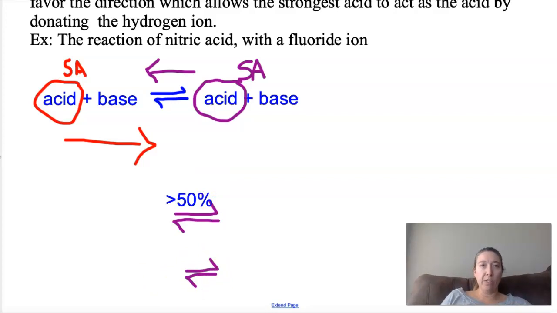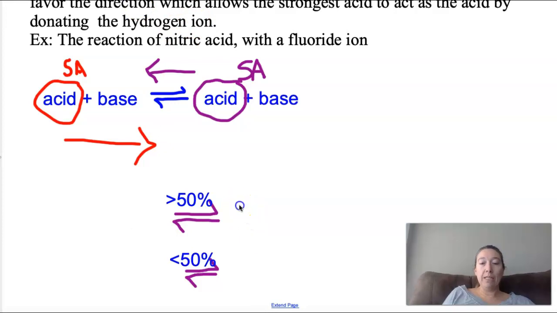Okay, I remember the very first time I saw that, I was kind of like, what is going on? And I thought about it for a little while, and then I realized what it was getting at. So when it says greater than 50%, that means that this reaction proceeds towards products more than 50%.